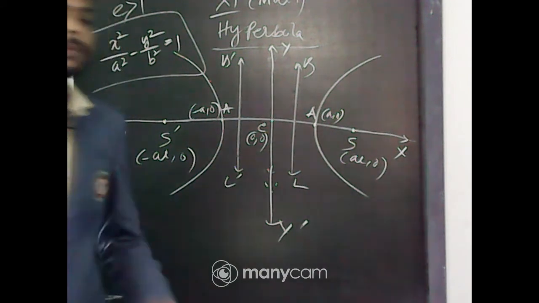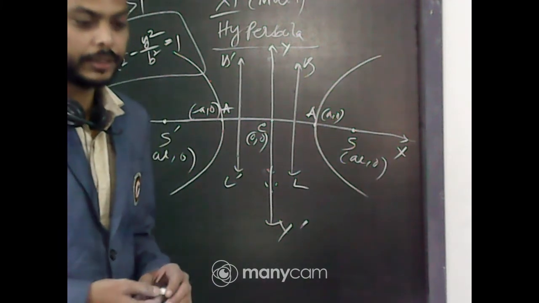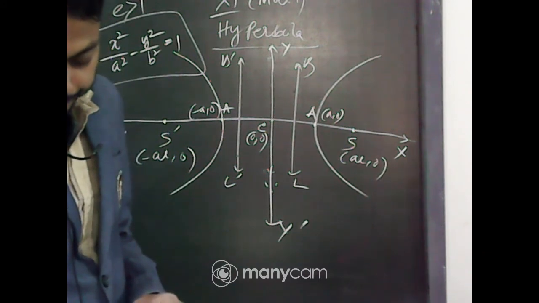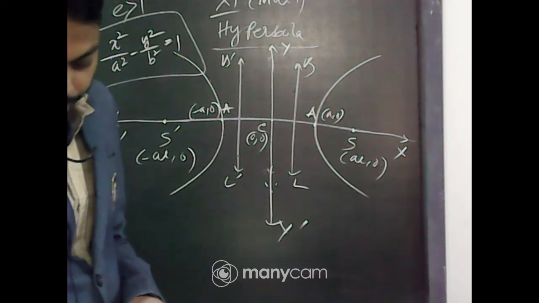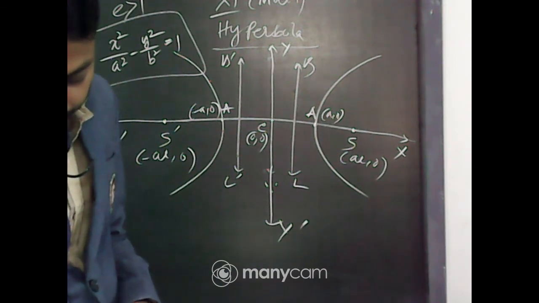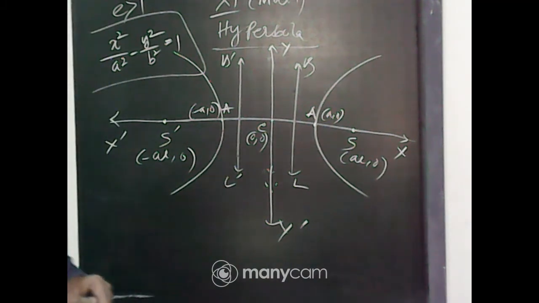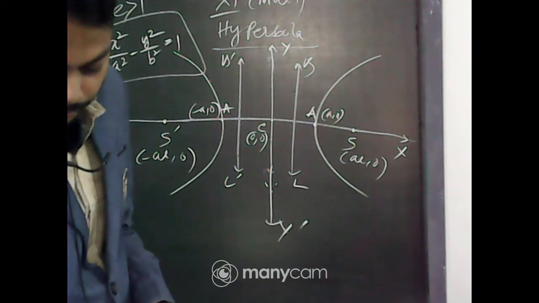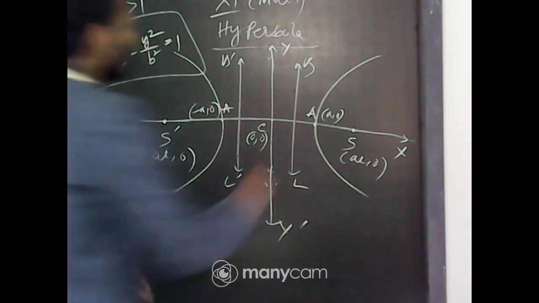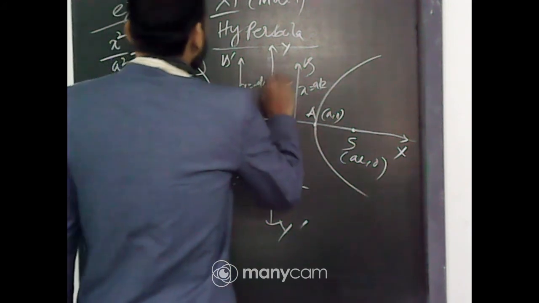Similar to the ellipse, you have gone through ellipse and done problems regarding ellipse. The directrices are x equals a by e and x equals minus a by e.